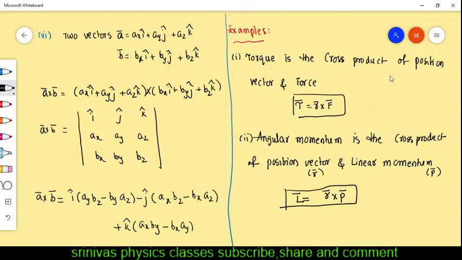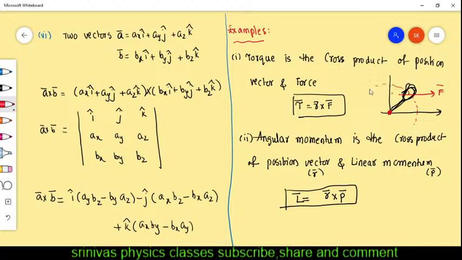Position vector means what, you know? For example, this is an object, and on this object, for example, somebody has applied a force like this. This object is fixed at the center and is able to rotate like this.